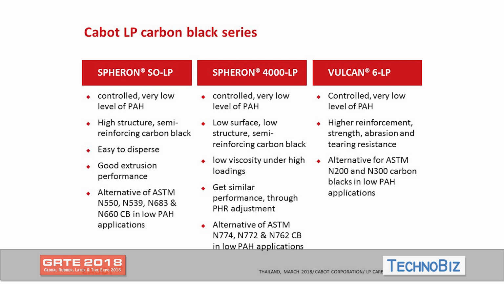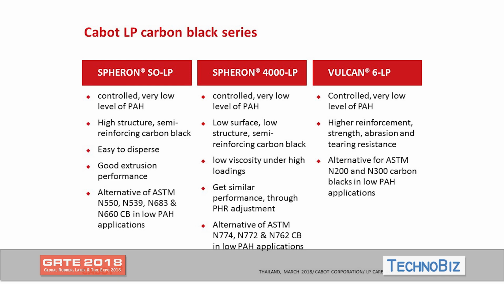So one by one, for the SPSOLP, this is controlled with a very low level of pH, high structure, semi-reinforcement, easy to disperse, and also good extrusion performance. Normally, if people want to use these products to replace the common ASTM grade, here is the recommendation.